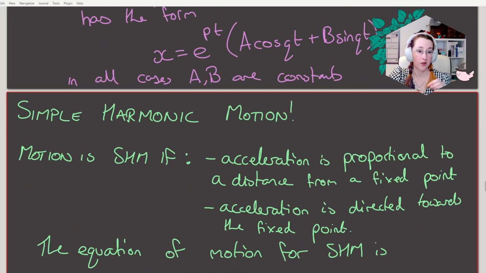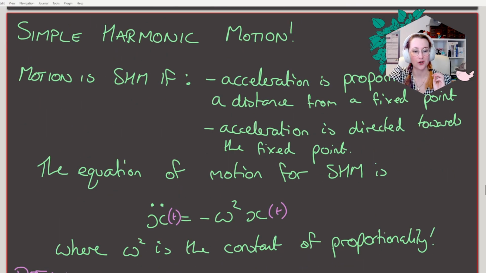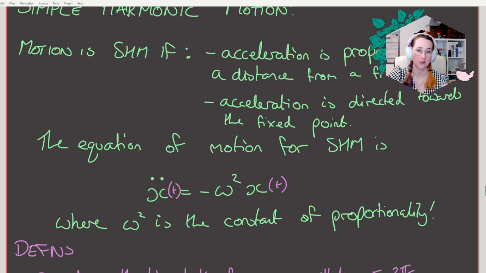And then we looked at simple harmonic motion, which is motion where the acceleration is proportional to a distance from a fixed point, and the acceleration is also in the direction of that fixed point, and showed the equation of simple harmonic motion, which was the second order differential of displacement equals minus omega squared x.